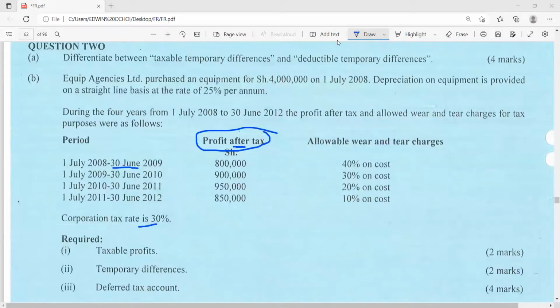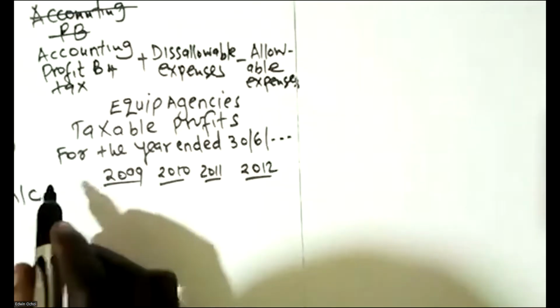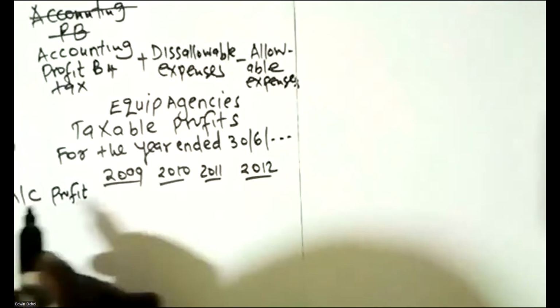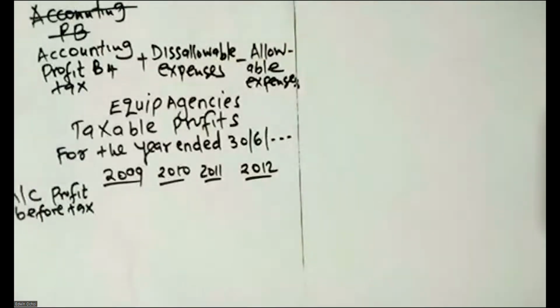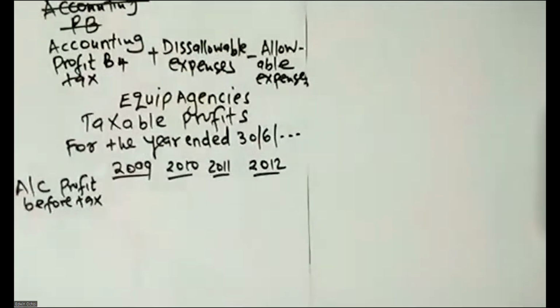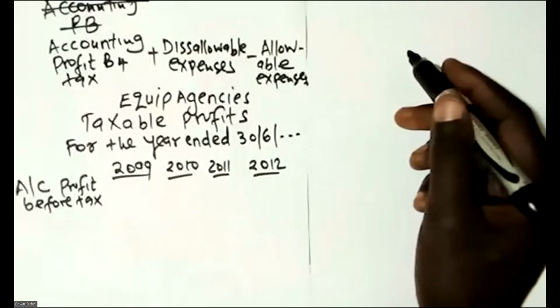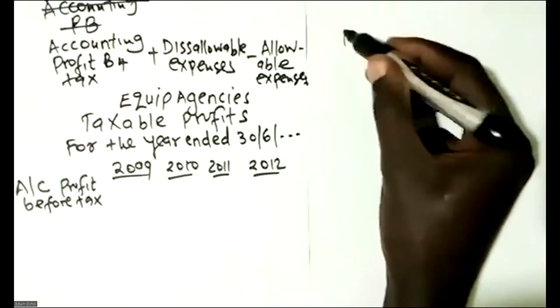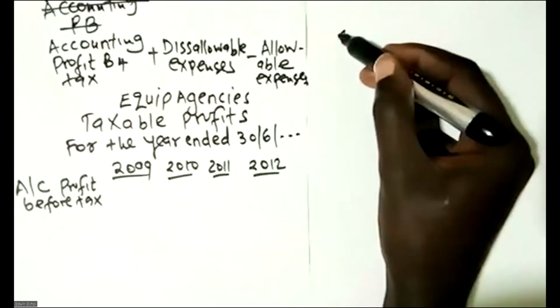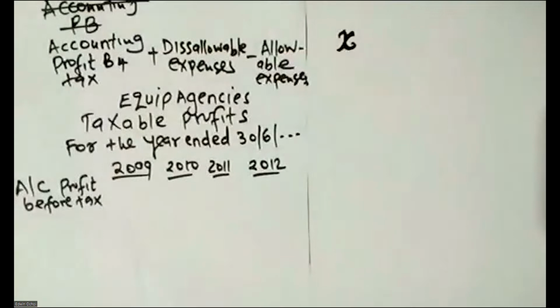So we always start from accounting profit before tax. And then you have after tax. How can you change that one to be before tax? Remember that for example, let's say X is at 100%.